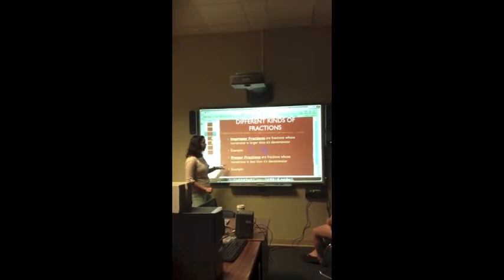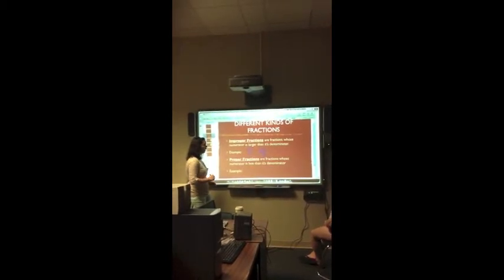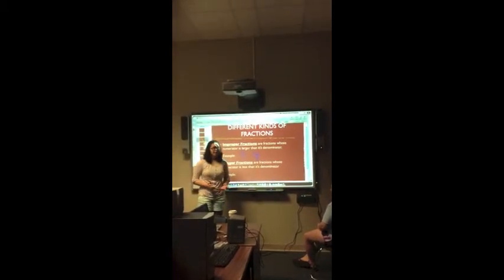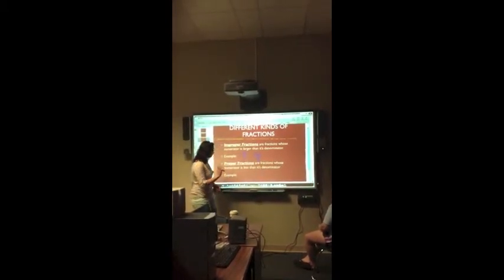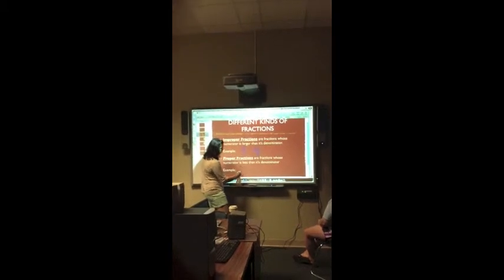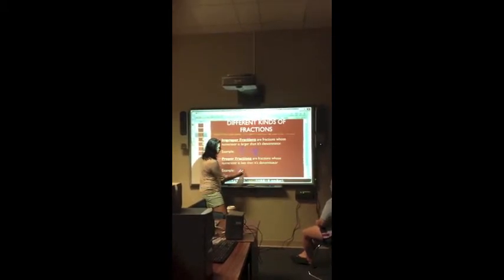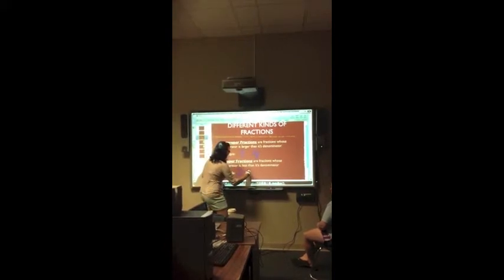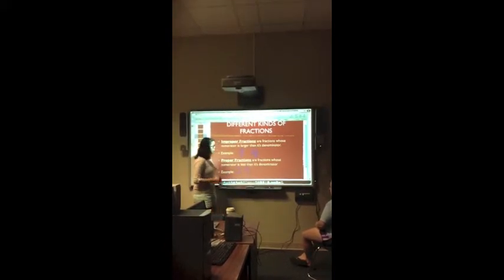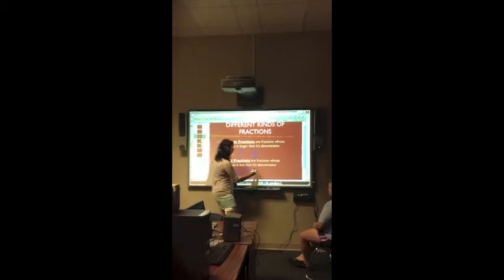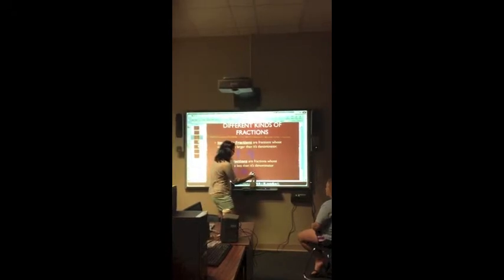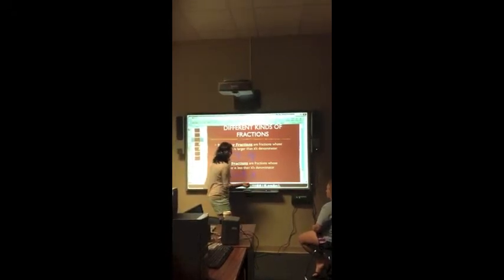Now, proper fractions are fractions whose numerator is less than its denominator. Proper fractions have three types. You have the kind that's a whole number and can be expressed as the whole number over 1. You also have, like our definition says, the numerator is less than the denominator, so 3/5 is a proper fraction.